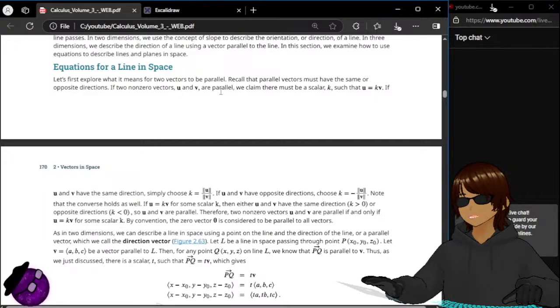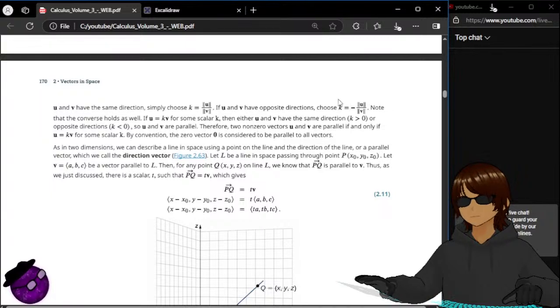If these two are parallel, okay, the position of the vector doesn't matter, right? If u and v have the same direction, simply choose k which is the ratio between their magnitude. If u and v have opposite direction, choose k, which is the minus ratio between their magnitude.